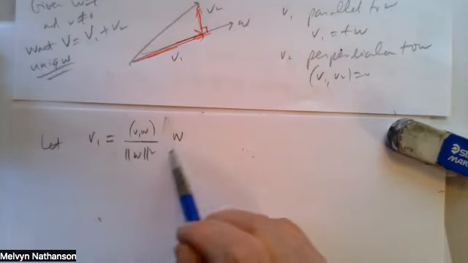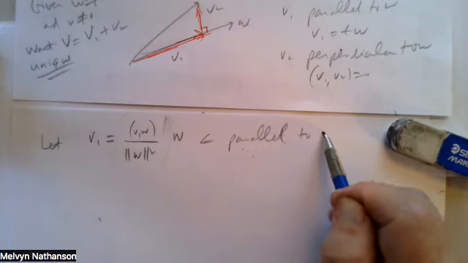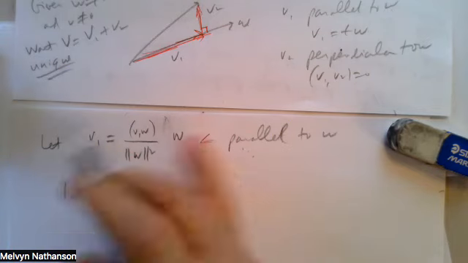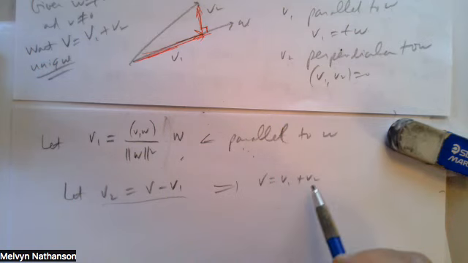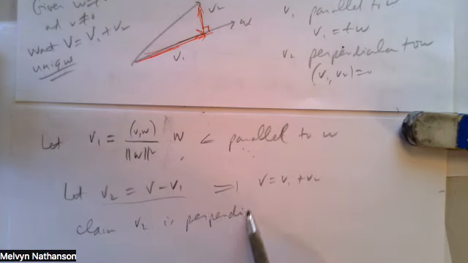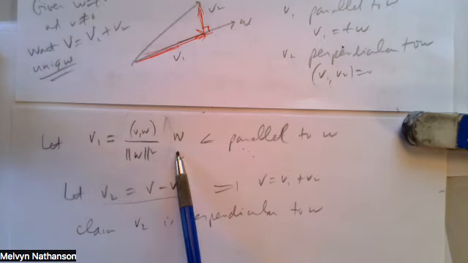So this is some scalar times W, so this is parallel to W because it's a scalar multiple of W. And I want to let V2 be equal to V minus V1. Now, of course, if I do this, then V equals V1 plus V2. And I claim V2 is perpendicular to W. So I have V as V1 plus V2. V1 is parallel to W, and I'm going to show this is perpendicular to W.